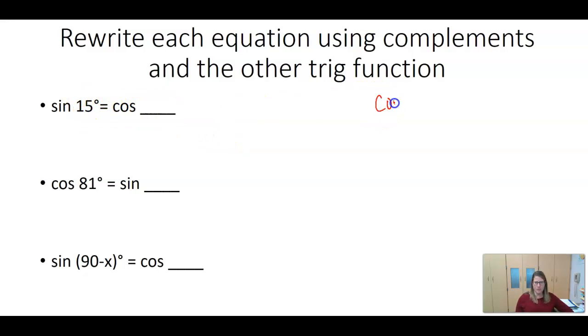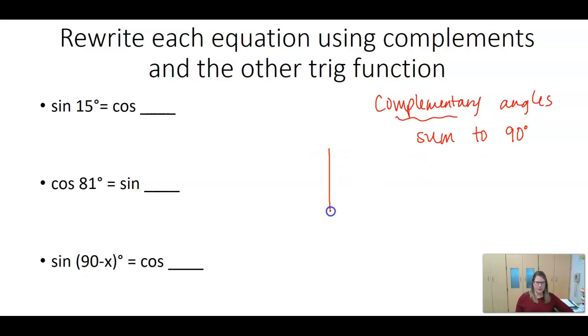So complementary angles add to 90. If I add the two angles together, it will always equal 90 if they're complementary. So we say complementary angles sum to 90 degrees. So what we're going to be doing here is looking at these angles.